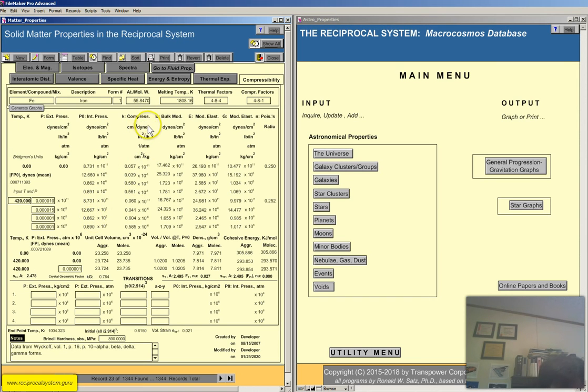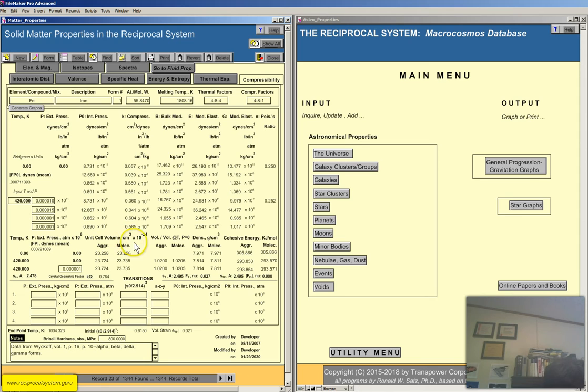Then the compressibility K, which is centimeters squared per dyne, so it's just the inverse. Here's the bulk modulus. Modulus of elasticity, that's in tension. Modulus of elasticity, that's really in rotation, torsion. And then Poisson's ratios here. And you can put in the temperature and pressure.